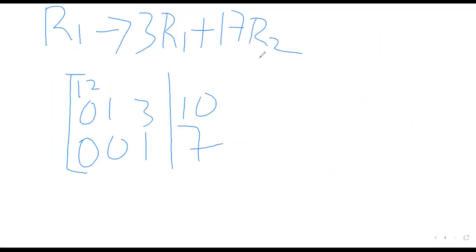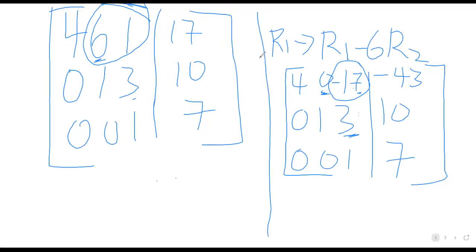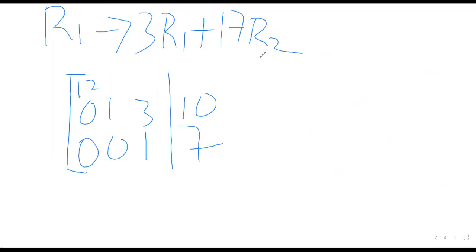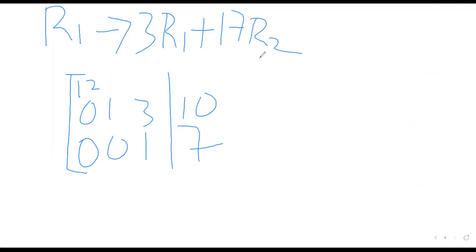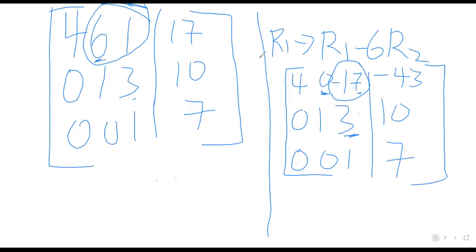So now if I multiply row 1 by 3, which is 6. And then, so now I'm going to row 1, but that is 0.